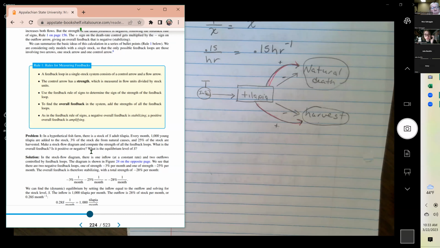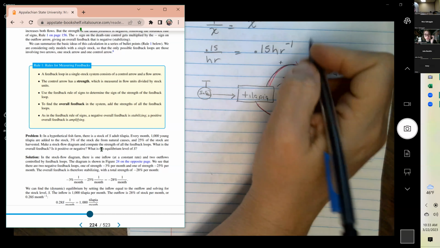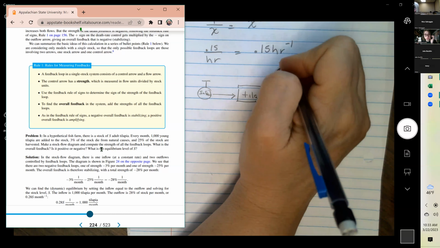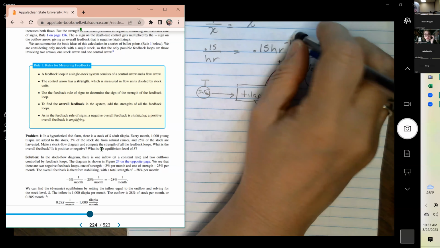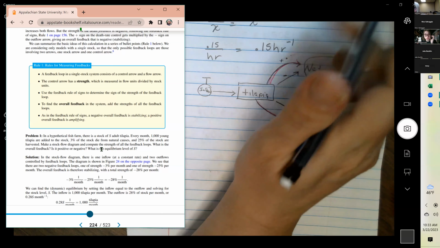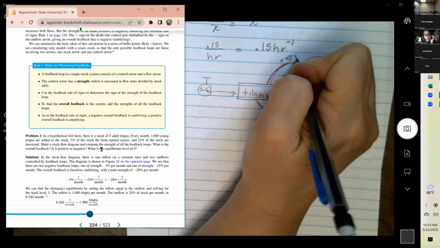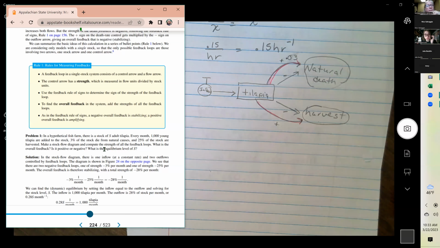Make a stock loop. Compute the strengths of all feedback loops. What is the overall feedback loop? Well, 3% of the stock die. 3% as a decimal is 0.03. And 25% are harvested.